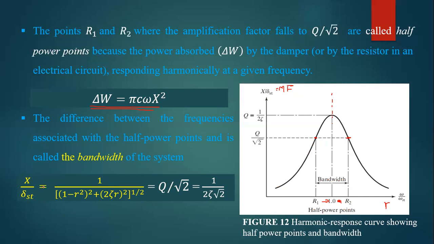So at this point, x over delta static is equal to Q over radical 2, which is equal to 1 over 2 zeta radical 2. Okay? So this is the bandwidth.